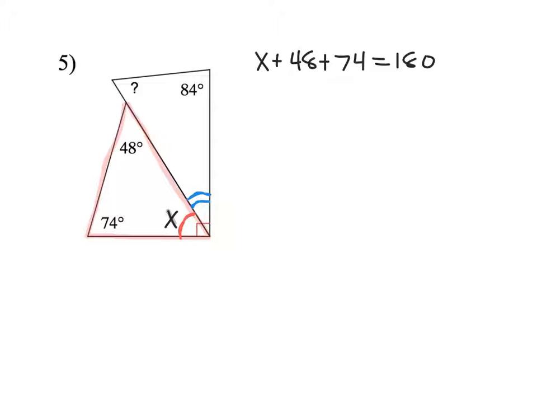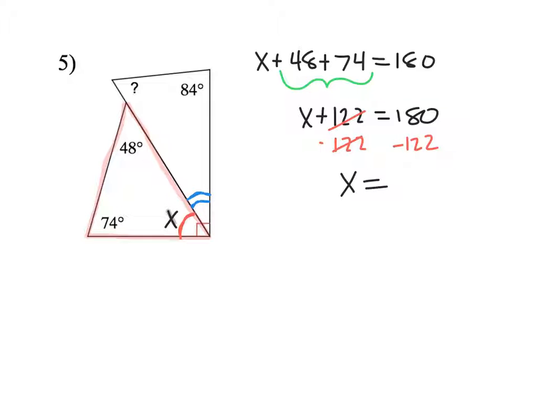So again, just like before, combine your like terms. And so 48 plus 74 is going to give us 122. So x plus 122 equals 180. To solve for x, we subtract 122 from both sides. And so x is going to equal 58.